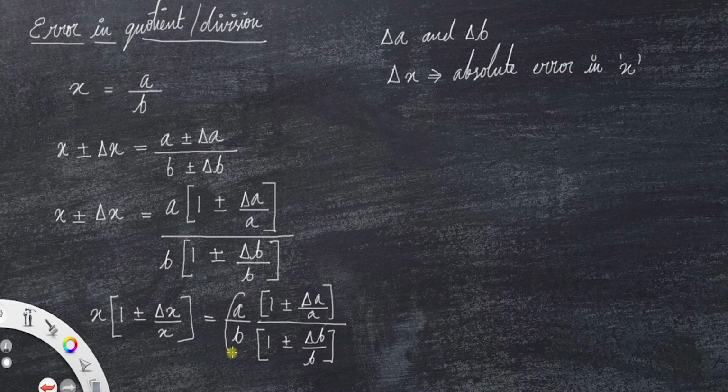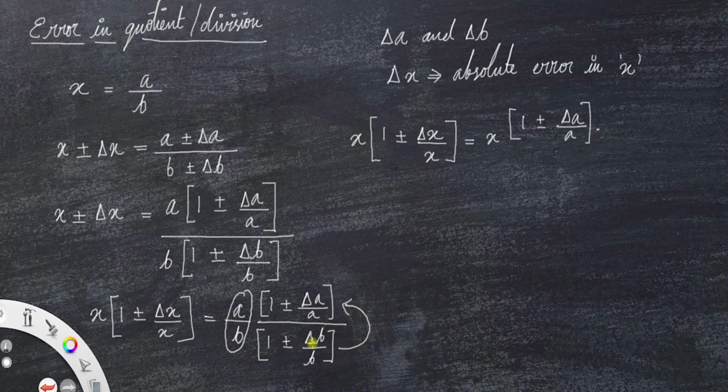Now you know a by b, we define that as x itself. So x into 1 plus or minus delta x by x is equal to x into 1 plus or minus delta a by a into, you can take this to the numerator.